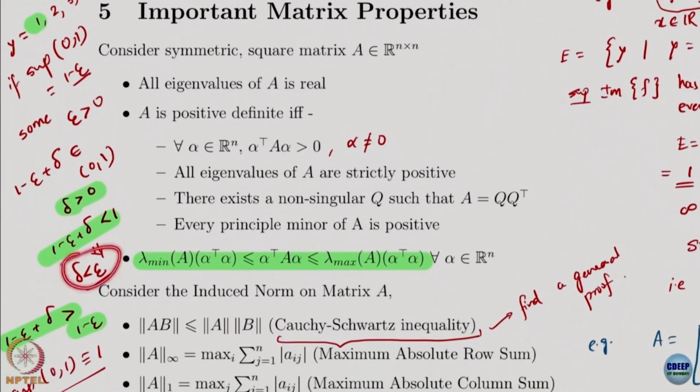As long as delta is less than epsilon, 1 minus epsilon plus delta also belongs to this open interval (0, 1). But then 1 minus epsilon plus delta is greater than 1 minus epsilon. So 1 minus epsilon cannot be a supremum. The simple idea: 1 minus epsilon is not a supremum for any positive epsilon. So the only possibility is that epsilon is exactly 0 and 1 is the supremum.